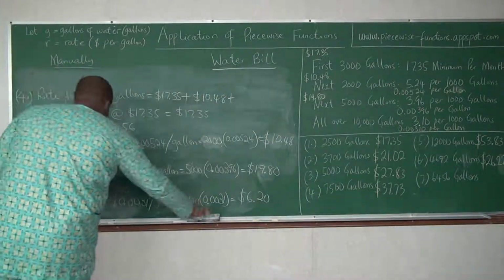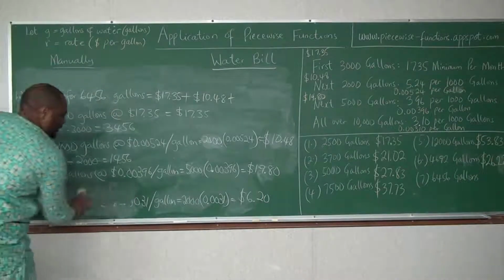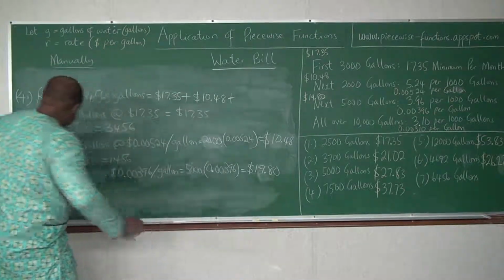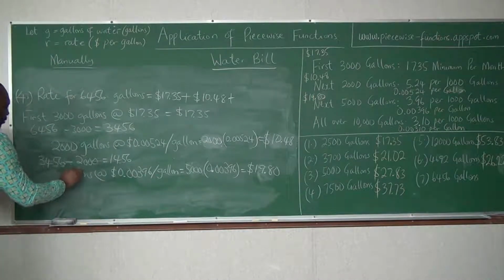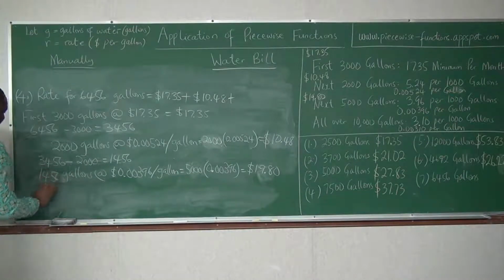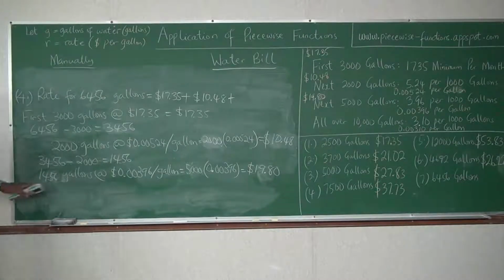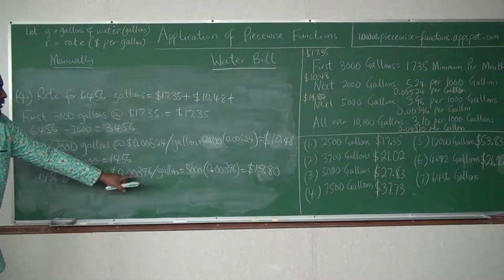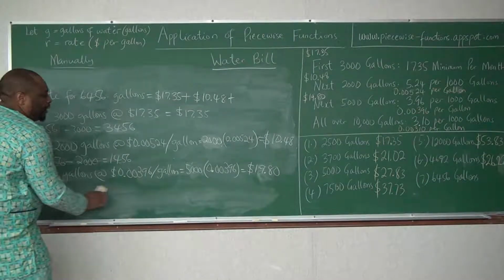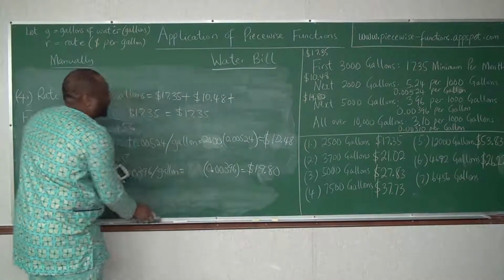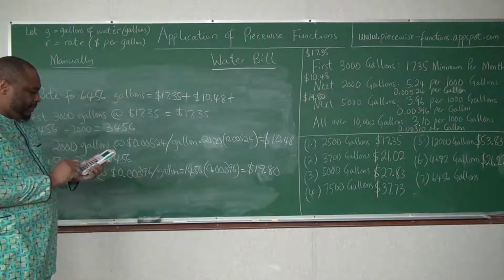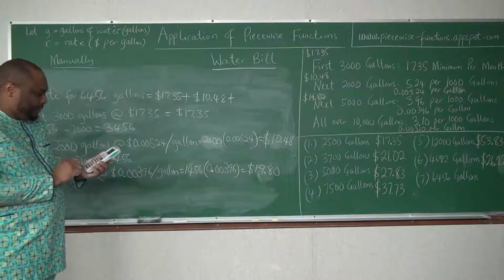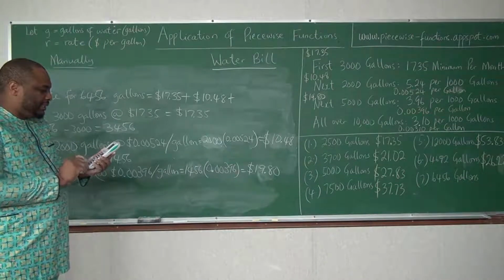So you now have, and I'm going to erase this last one here, 1,456 gallons at 0.00396 per gallon. So this will be 1,456 times 0.00396.